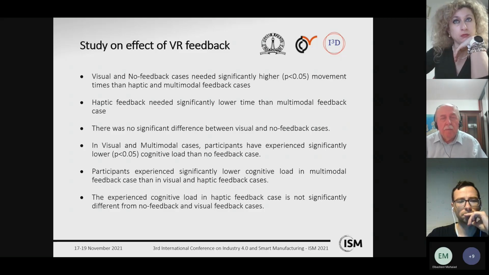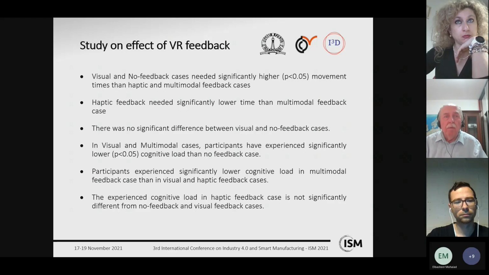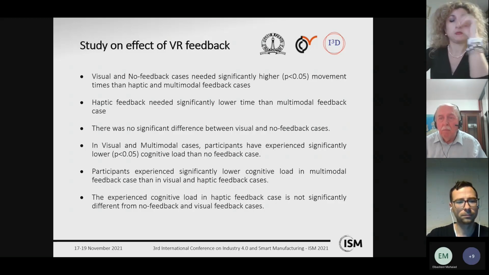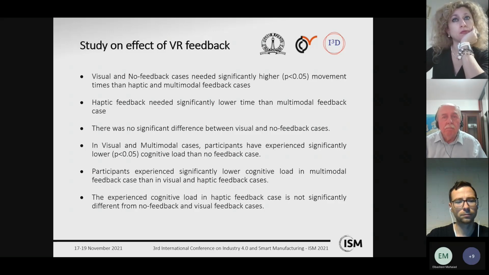We also found that there was no significant difference between visual and no feedback cases. The experienced cognitive load in the haptic feedback case is not significantly different from the no feedback and visual feedback cases. The cognitive load is much lower in multimodal cases and in visual feedback cases.